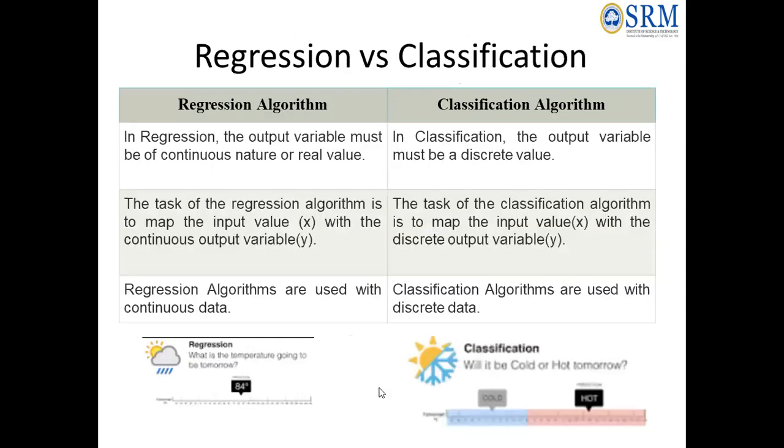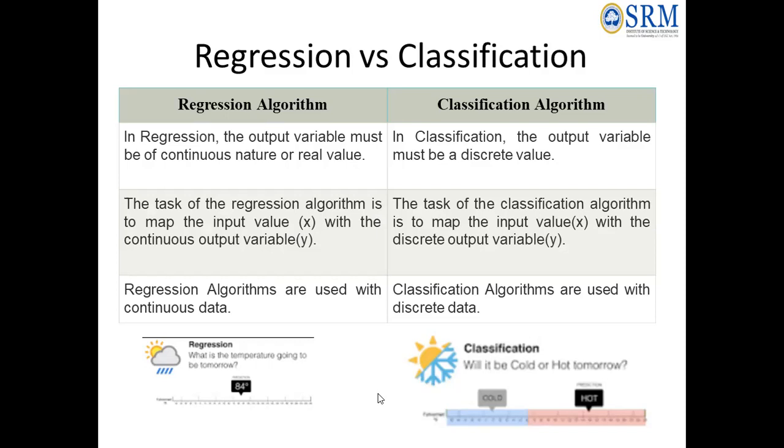Now, we said that it is used for regression and classification. We should know the difference between regression and classification, as both are supervised machine learning mechanisms. In regression, the output variable must be of a continuous nature or real value.